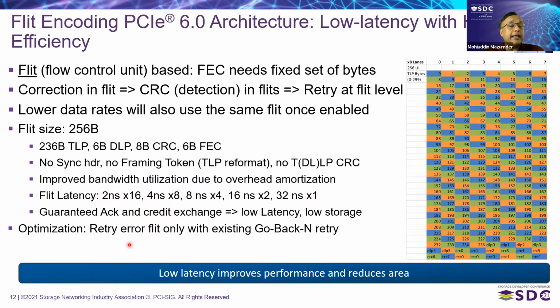So overall, the key idea is to optimize by retrying errored FLITs only, with the existing go-back-and-retry. This is a mechanism PCIe already had; by minimizing the retry probability and making use of that link level retry we are enabling, it provides some challenges on the electrical side.